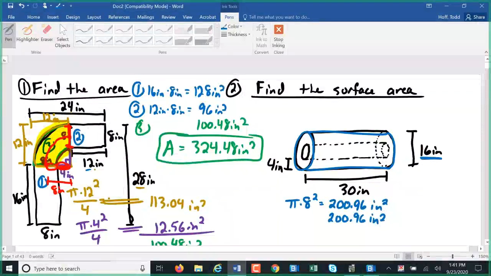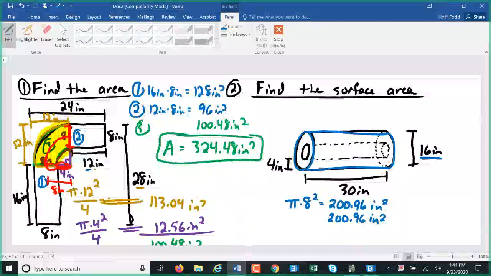Now we talked then about the lateral area of the cylinder. That's this part that wraps around here and goes between the circular ends. And we talked about it being basically a piece of paper that's rolled up. And we can slice it down the side, unroll it. The height is still the height of the cylinder.